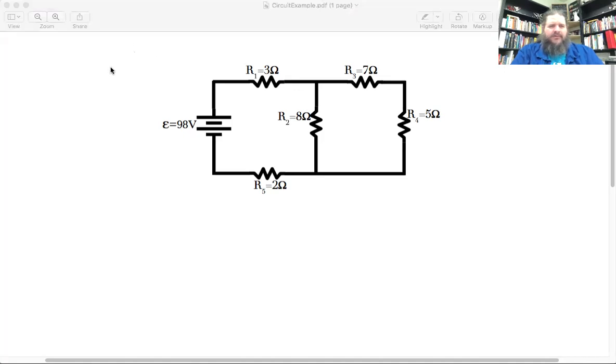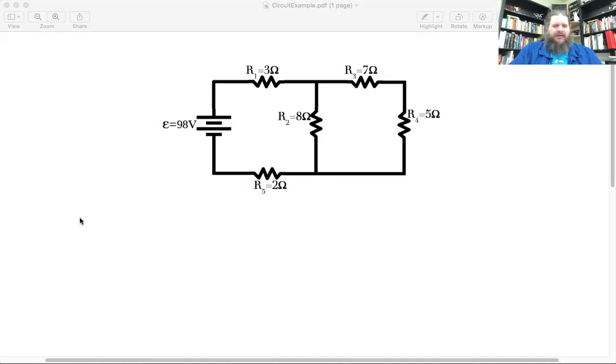If you have some resistors in series, let me draw that out first. Let's say we've got resistors in series, like you've just got a section of wire, regardless of the shape. In fact, the shape doesn't matter at all.